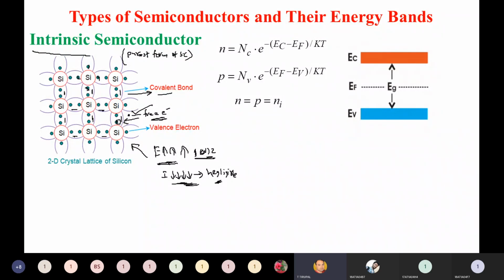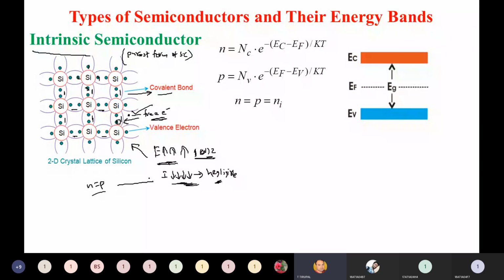The concentration of electrons is equal to the concentration of holes in an intrinsic semiconductor, so there are no extra electrons to make current flow in the device.